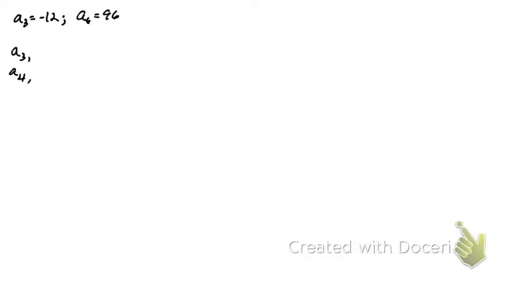A4, A5, let's get rid of those commas, A6, we start at A3 equals negative 12, and we have to end at 96. So what I'm looking at is we need to multiply by some number R 3 times.